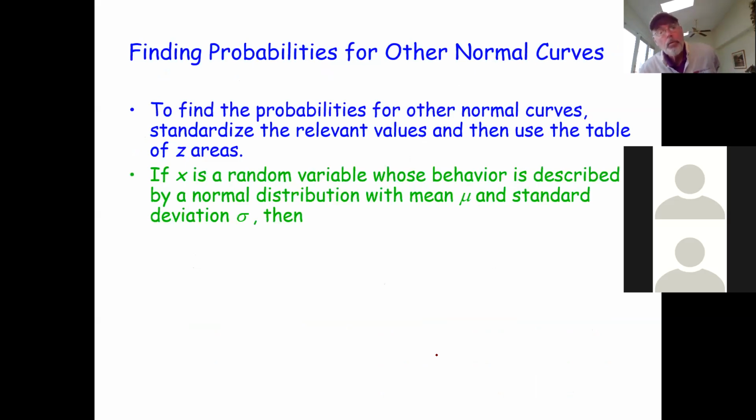All right, so we're thinking about probabilities and normal curves. So x can be a random variable with a normal distribution of the mean mu and the standard deviation sigma.